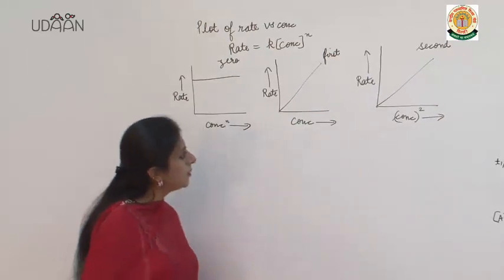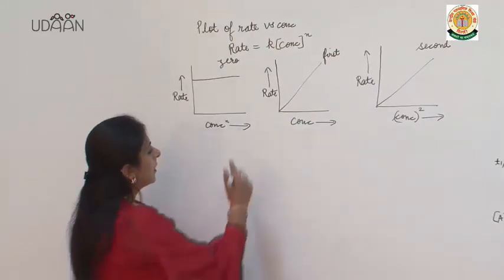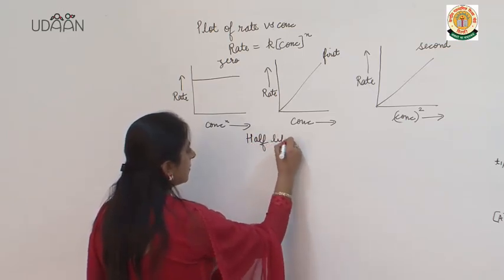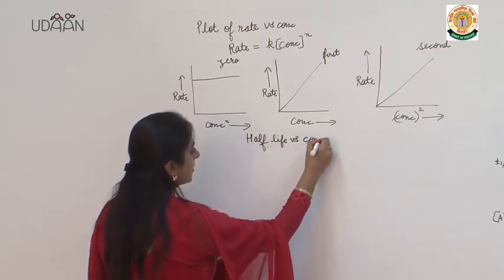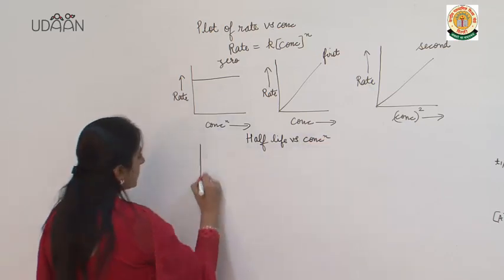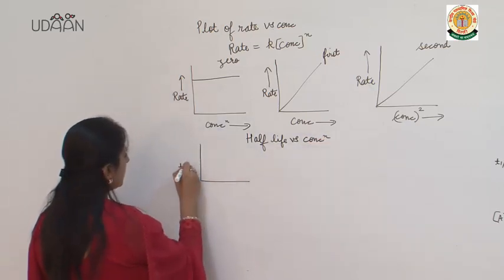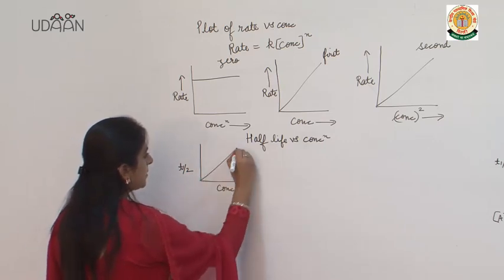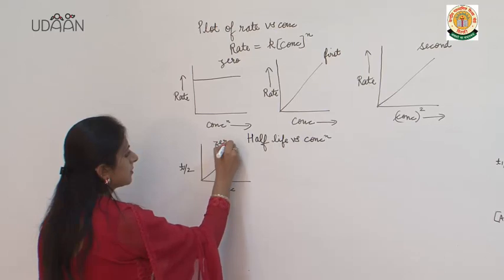Now we will study the plot of half-life versus concentration for zero order, first order as well as second order. Now let us plot it for zero order. For zero order, the half-life is directly proportional to concentration.